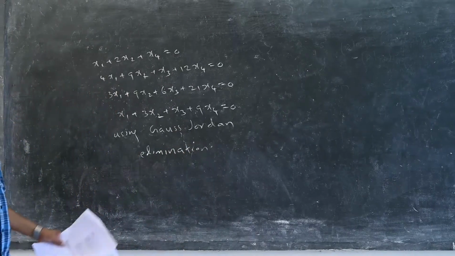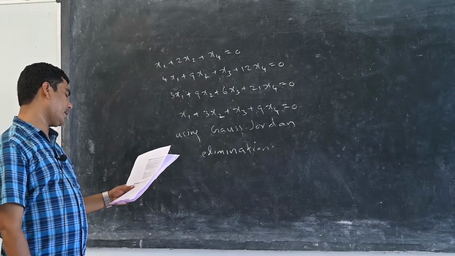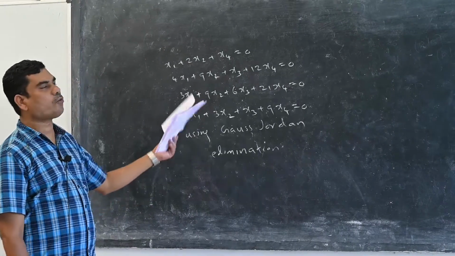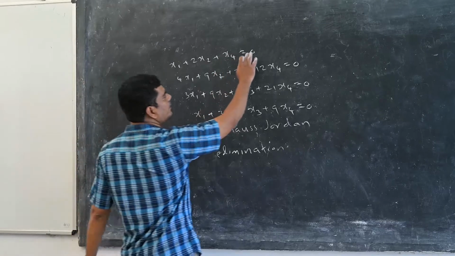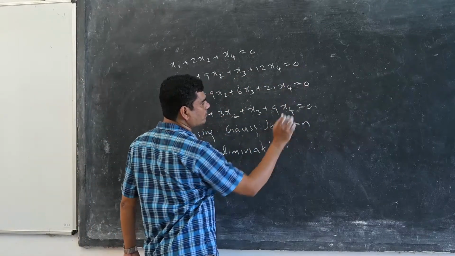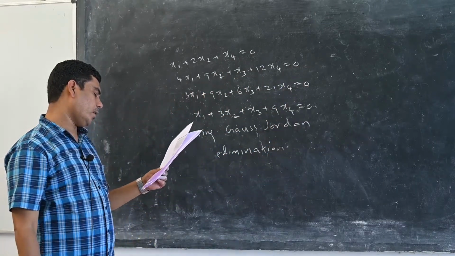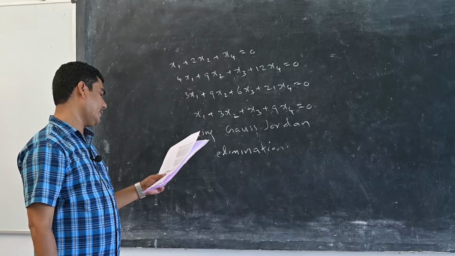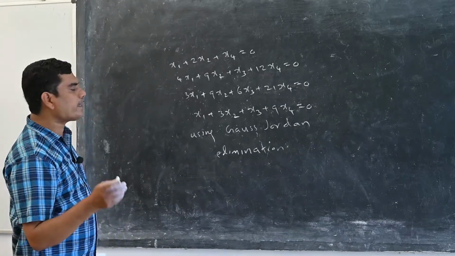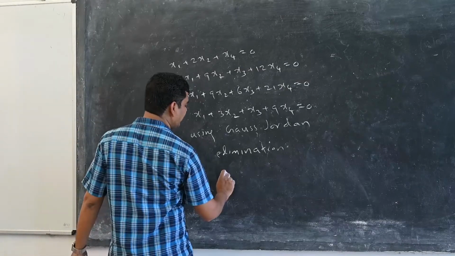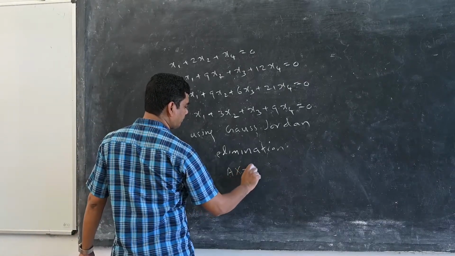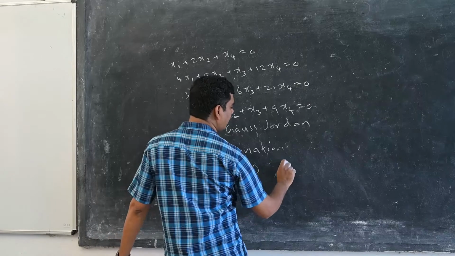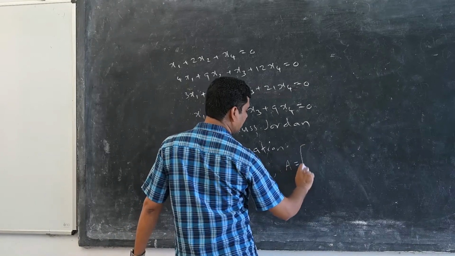So this given system is a homogeneous system because all the constants are zeros. It is 0, 0, 0, 0. So it can be written in matrix form as Ax is equal to 0. A is the coefficient matrix.